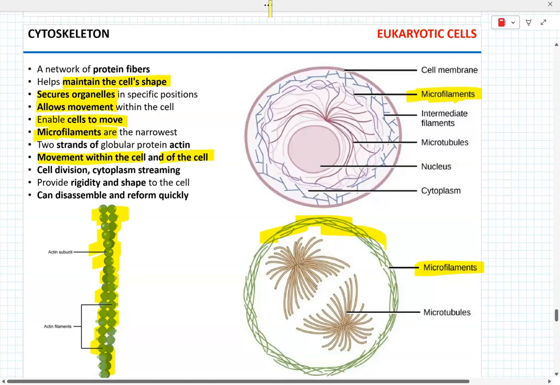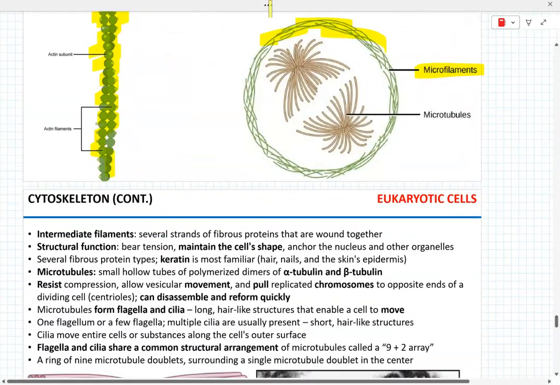They also actively participate in cell division and the streaming of cytoplasm, directing the cytoplasm flow. They do provide the rigidity and the shape of the cell, but what's important, microfilaments can quickly disassemble and quickly reform, which makes them quite dynamic, a function essential for the movement and cell division function.